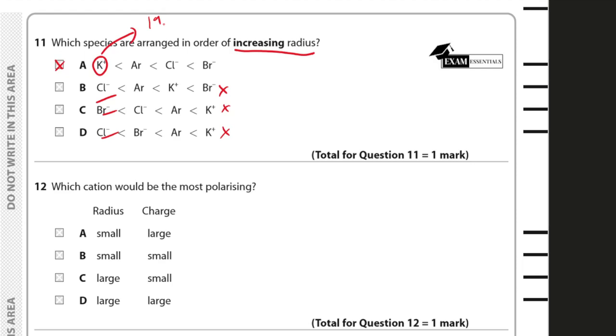Then we have argon, which has 18 protons, and since it's not losing or gaining an electron, it's in its elementary form, so we can say it has the second largest radius. And then if I talk about chloride and bromine, obviously bromine is below chlorine, so bromine will have a higher radius than chlorine, so this trend makes logical sense as well. So A is the only option.